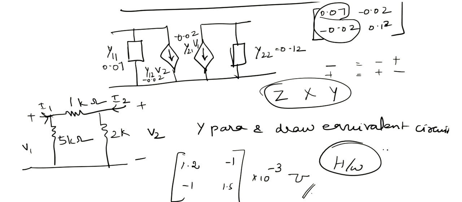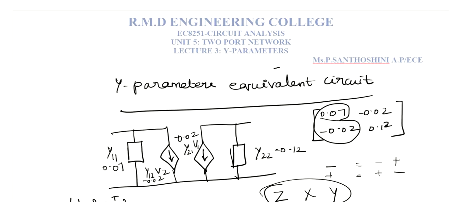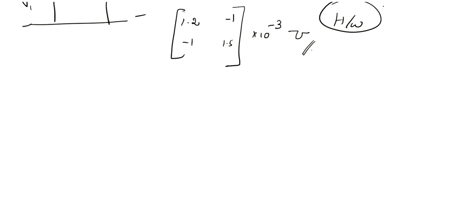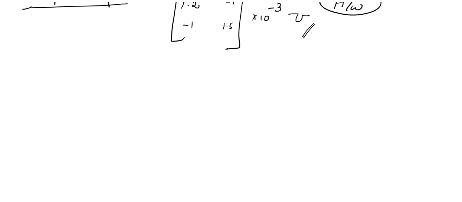Okay, and one more new concept in a y network itself. They give the y parameters, but they are telling it indirectly. See the third question. In a short circuit test, the short circuit itself means V1 and V2 equal to 0. So it is an indirect y parameter question.